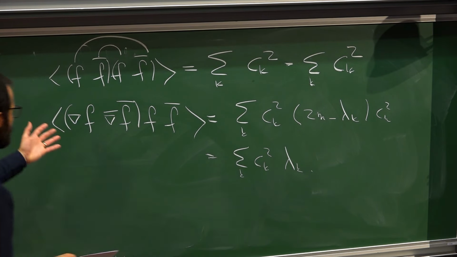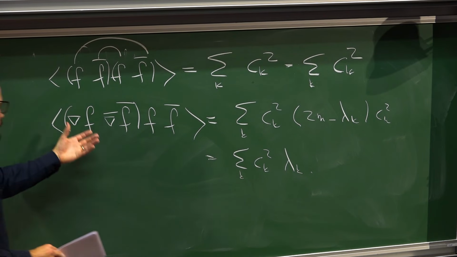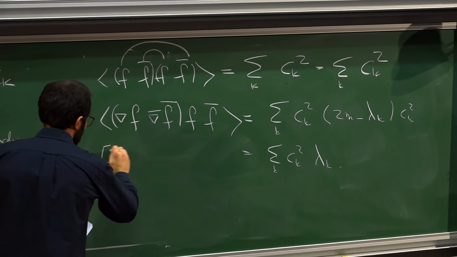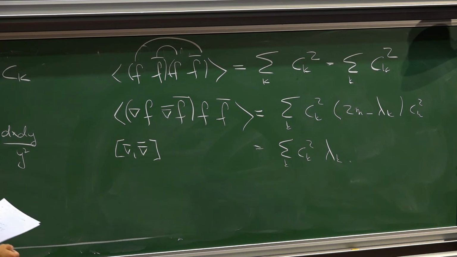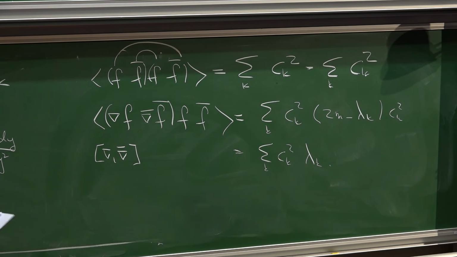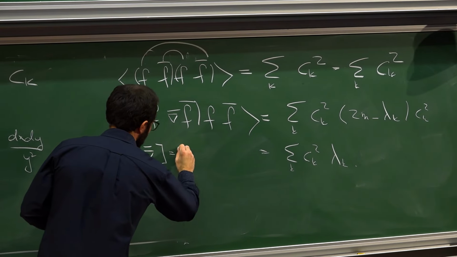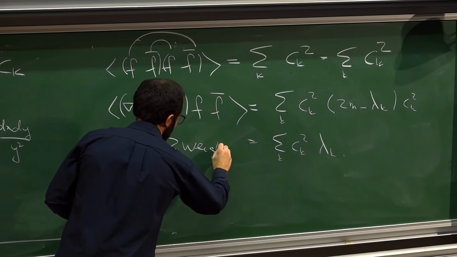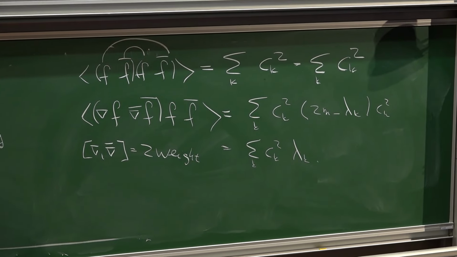This was the point of view that Bonifacio and Hinterbichler introduced in their work, inserting these covariant derivatives and using the fact that the commutator of covariant derivatives is the Riemann curvature, which is of course constant on hyperbolic manifolds. So it measures twice the weight of your form. If you act with the curvature on a weight m form, you need to use it m times.